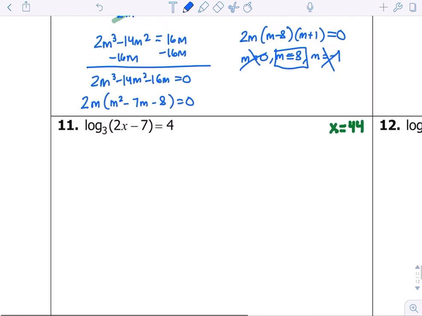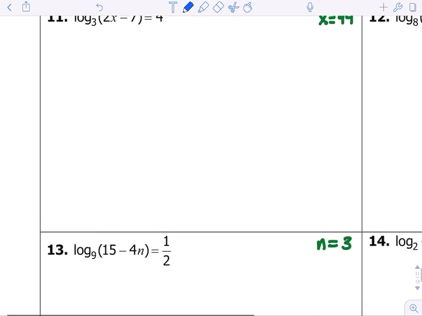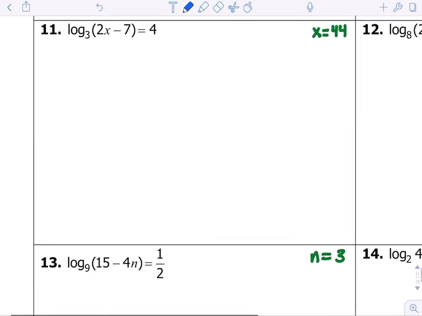Number 11. Alright, so this one is going to be using your log form and changing it to exponential form. Our b value is 3, so we're going to get 3.